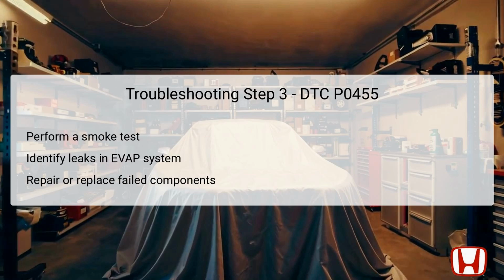For the third step, performing a smoke test on the EVAP system can be significantly revealing. This test utilizes smoke or vapors to identify any leaks present in the system that may not be visible during initial inspections. Once the smoke test is conducted, look for any areas where smoke escapes, indicating a leak in the hoses, connectors, or the EVAP canister itself.